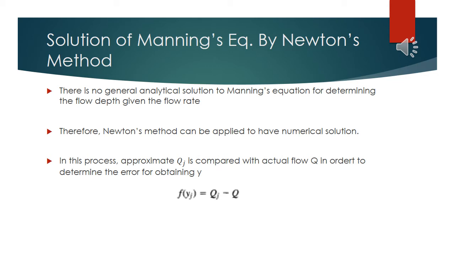In this process, the approximate Qj is compared with the actual flow rate Q. We are going to find the error to obtain the best approximate solution for the depth of this flow.